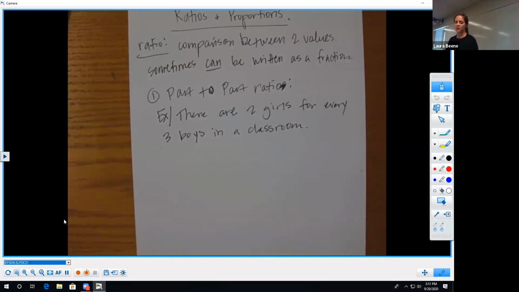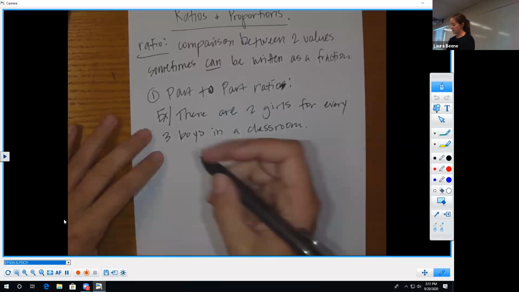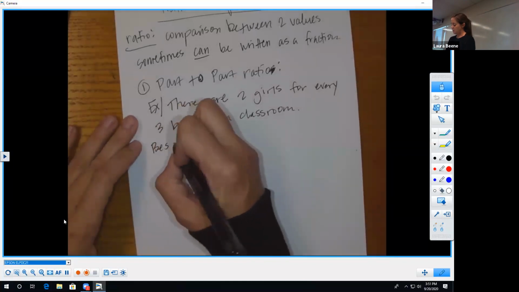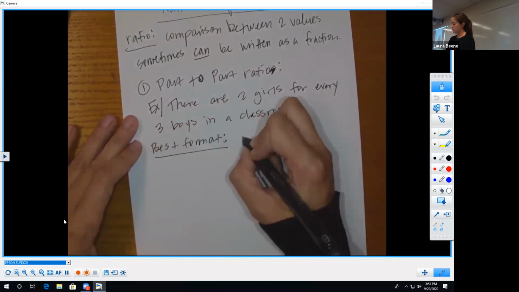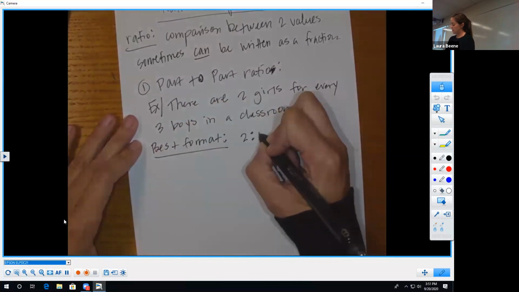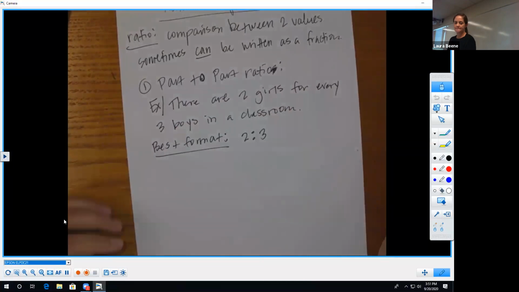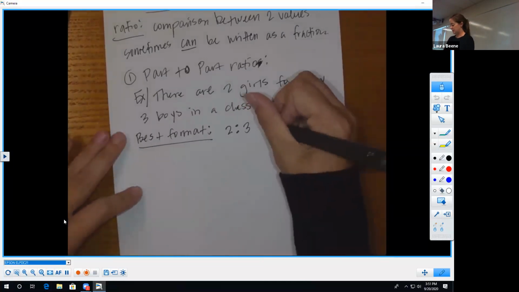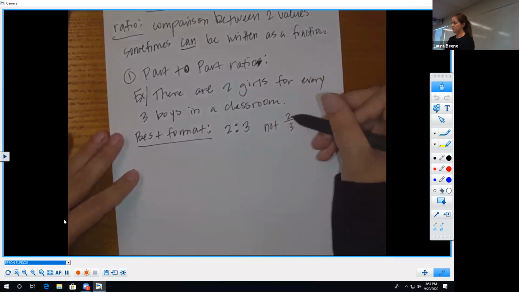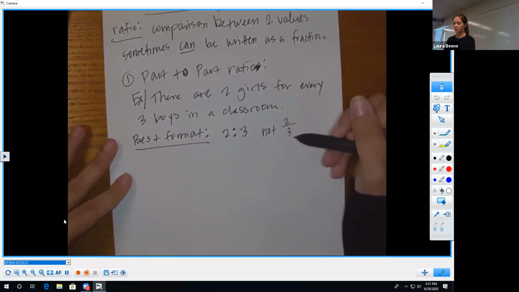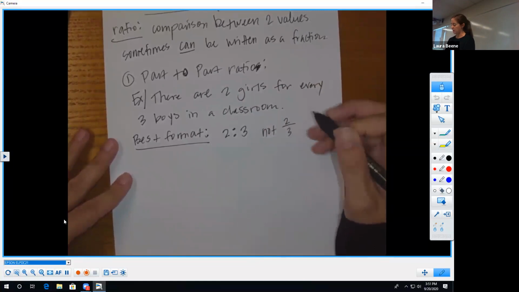We're not talking about a whole here at all. The best format for writing that ratio would be using your colon. So 2 girls to every 3 boys. We could not write this as the fraction 2/3 because a fraction needs to be a part over a whole, and the whole is not 3.